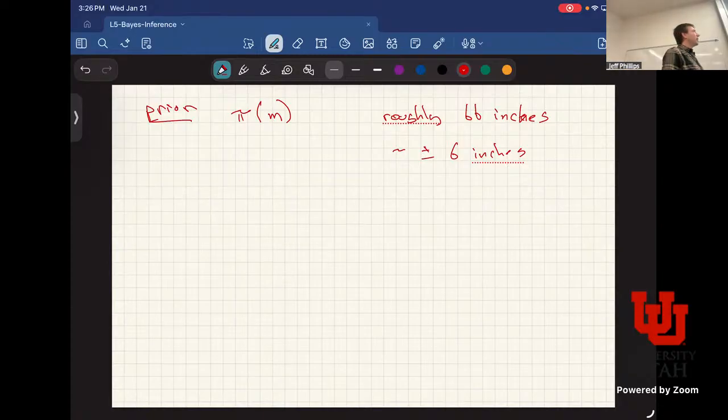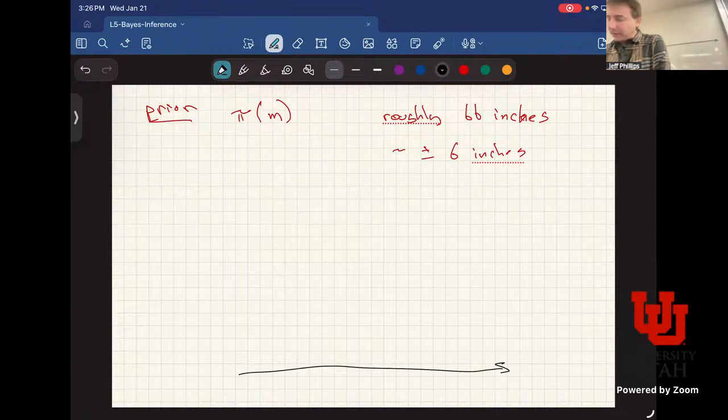And so I want to turn this into an equation, a continuous equation that captures my guess of what this height is. So there's the space of the height, and I think on average there'll be roughly 66 inches, plus or minus, say, 6 inches.